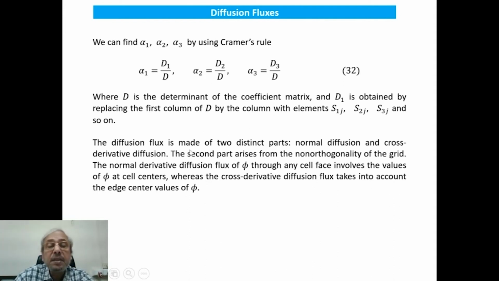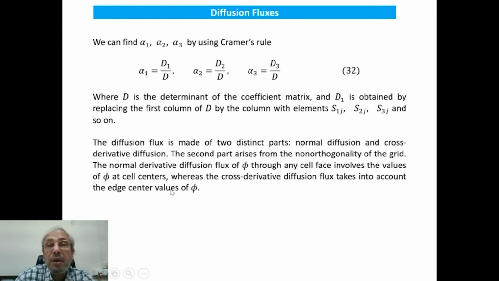The diffusion flux is made of two distinct parts: normal diffusion and cross derivative diffusion. The second part arises from non-orthogonality of the grid. The normal derivative diffusion flux of phi through any cell face involves the values of phi at the cell centers, whereas the cross derivative diffusion flux takes into account edge center values.